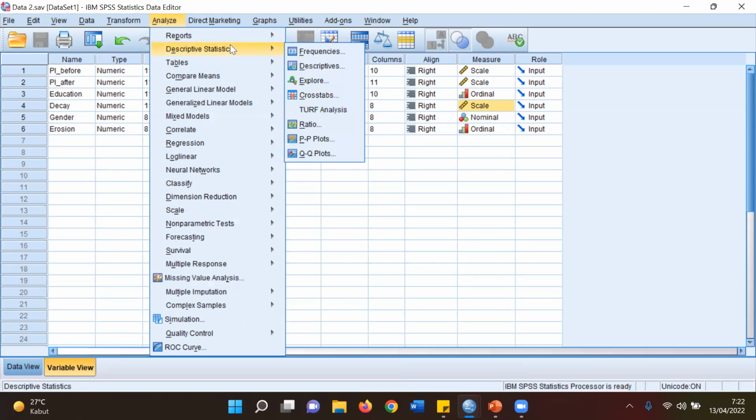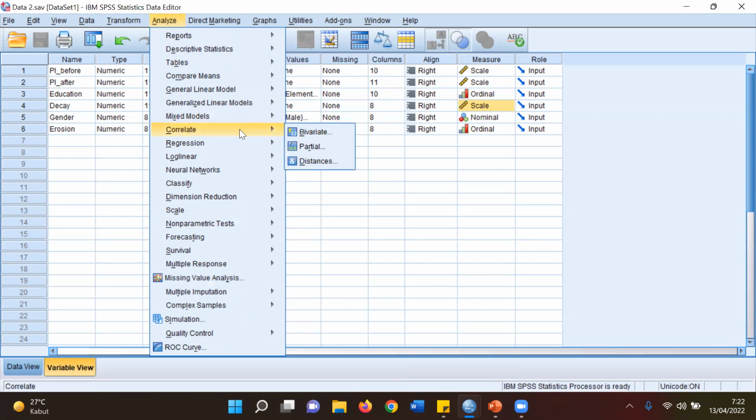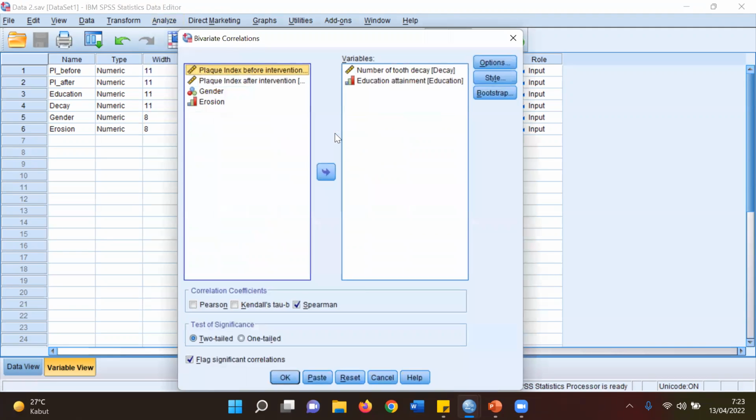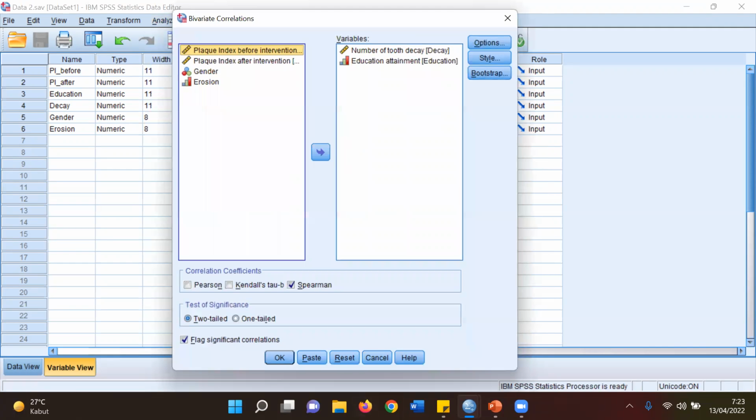And for correlation, we have Correlate. So if you would like to correlate two variables, you click Correlate, and we are going to tell SPSS we have two variables that we want to correlate, so Bivariate Correlate. Okay, I will reset this.